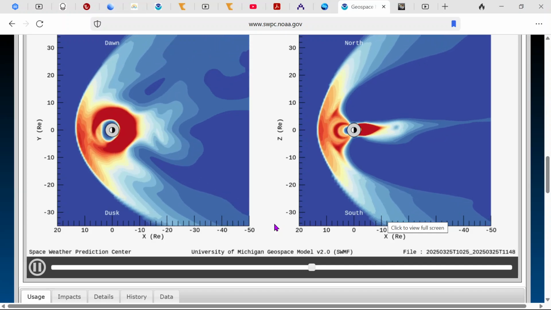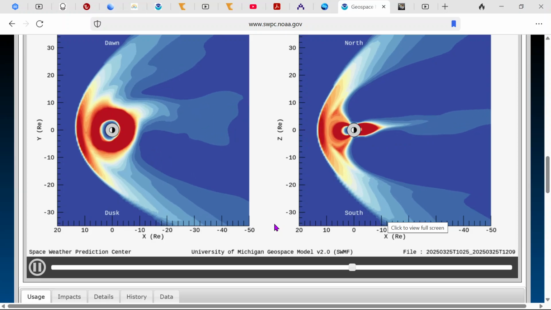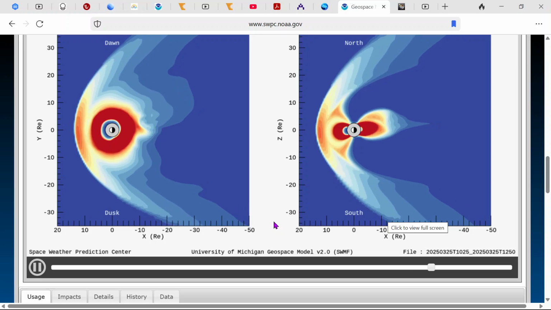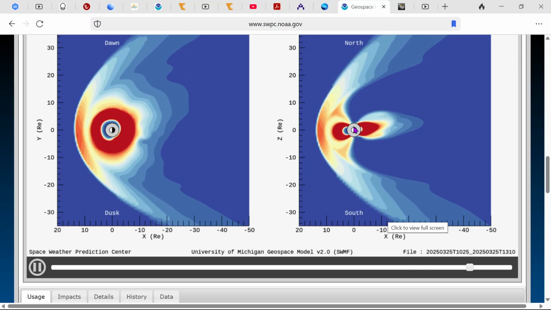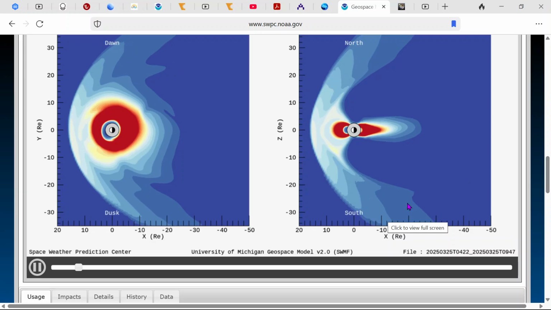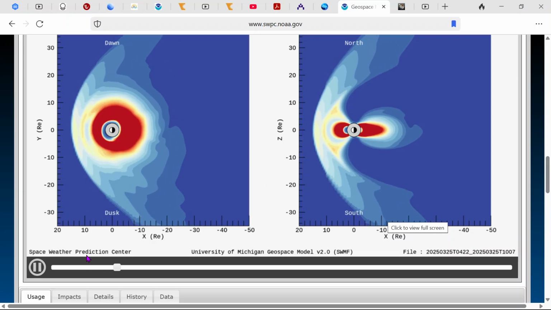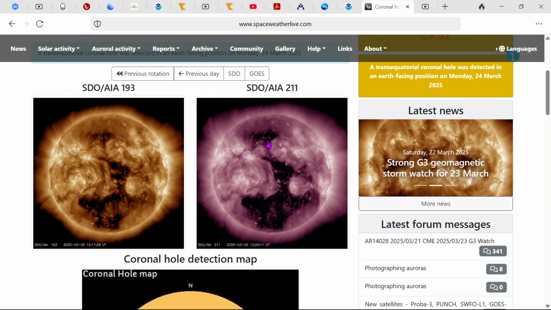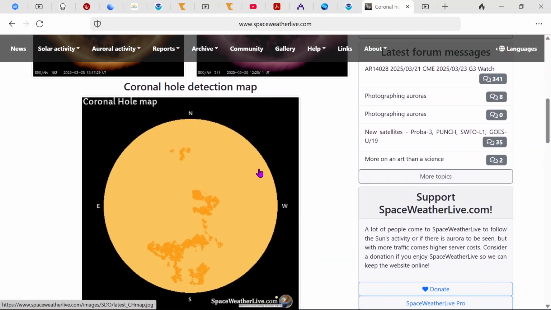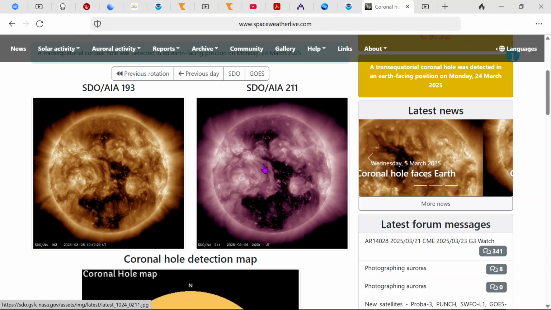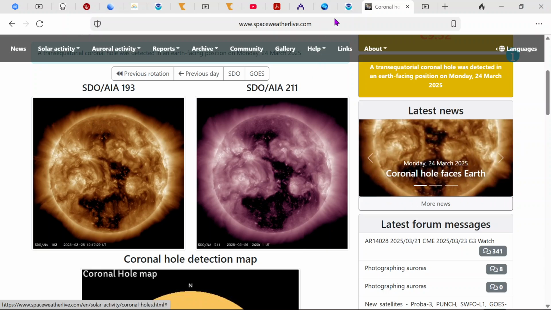But in my last video, I have been talking about this, that scientists think that if this would be Venus, the tail of Venus could reach Earth. And if we have this huge coronal hole, this one here, which is one of the biggest in many years, obviously, there is a lot of high-speed dark plasma coming out there.